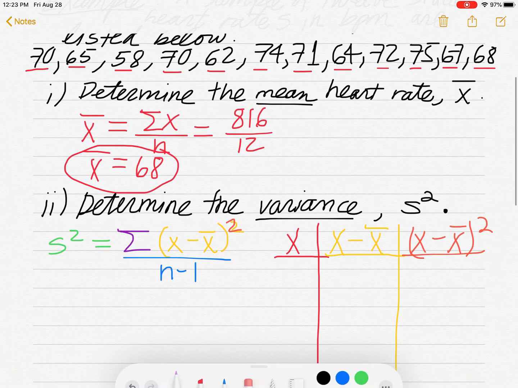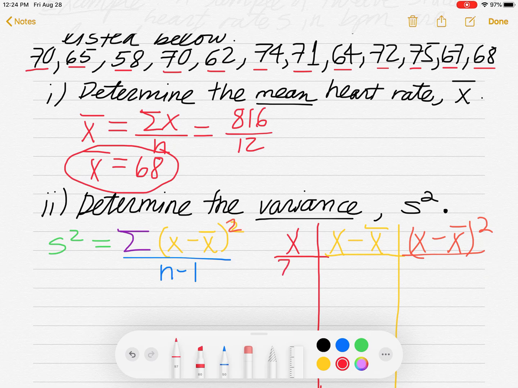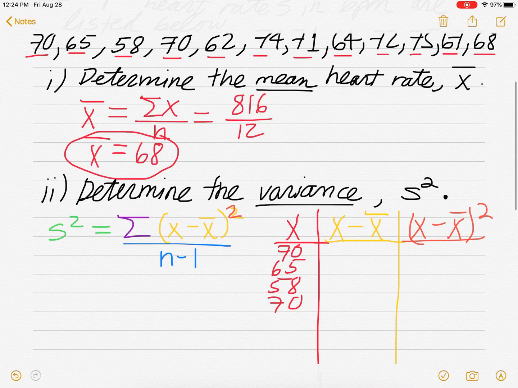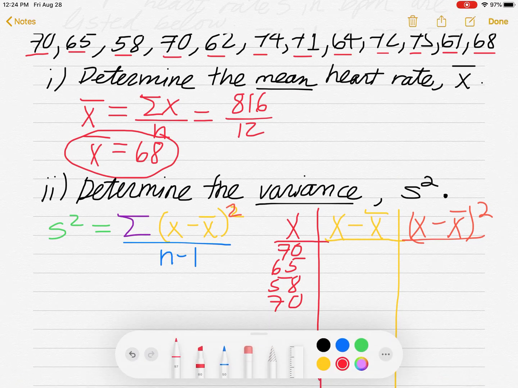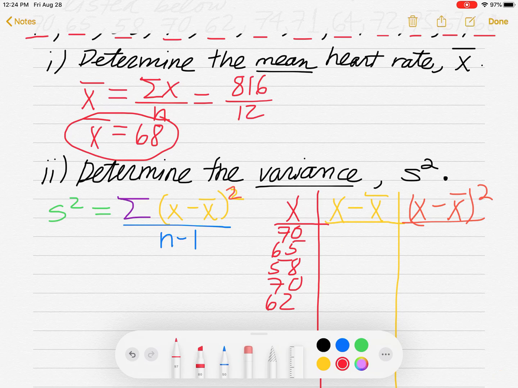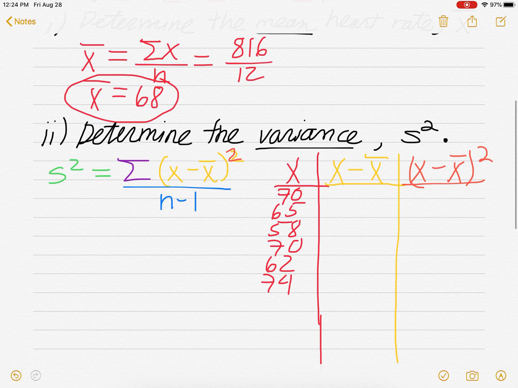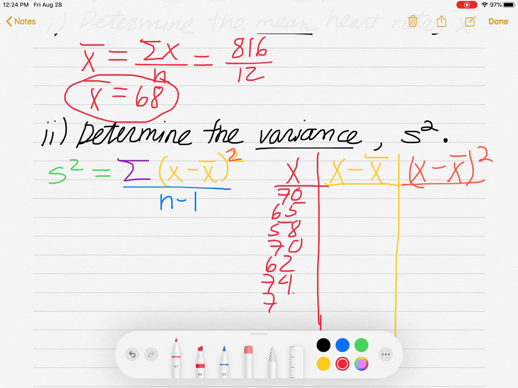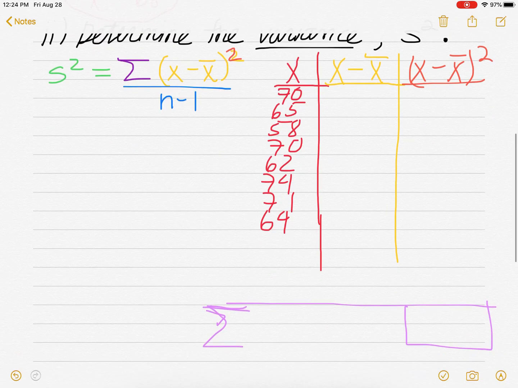I have to scroll back and forth. So let's see, going in red. I got 70, 65, 58, 70, 62. Runs out of space. 74 is going to be the next value. 71 is the next value. 64 is the next value.